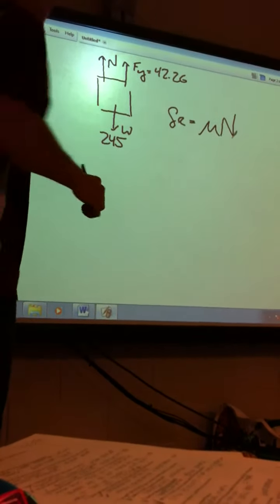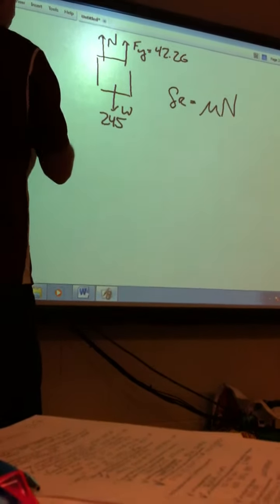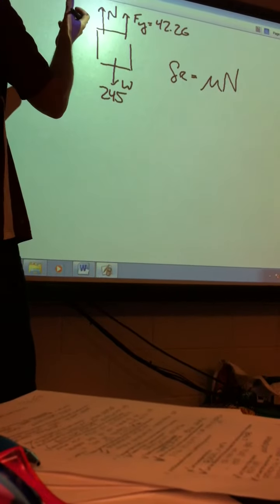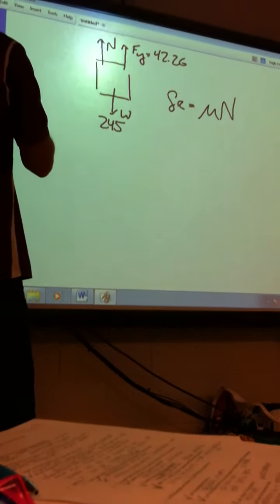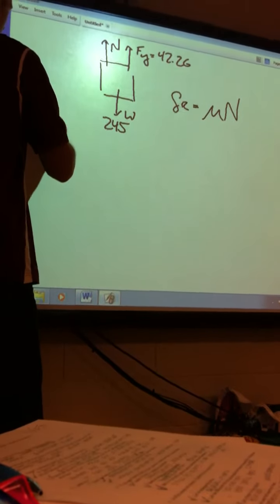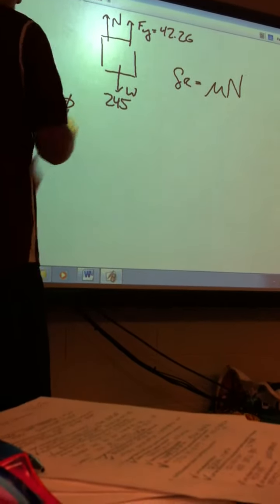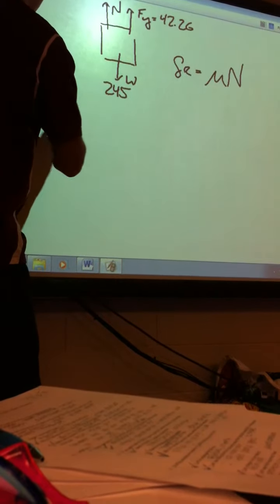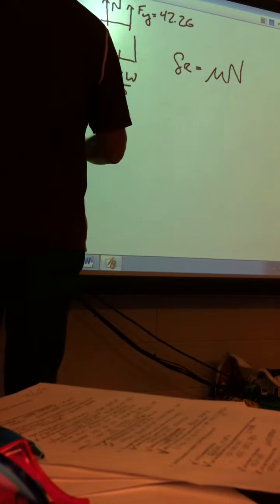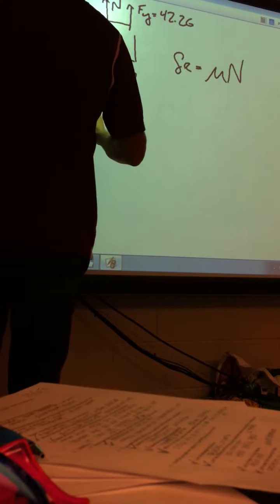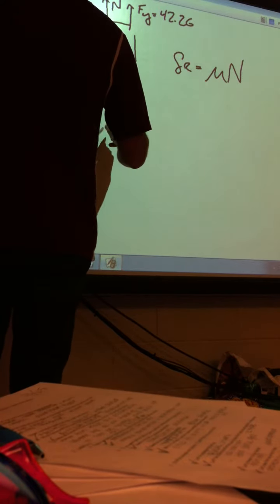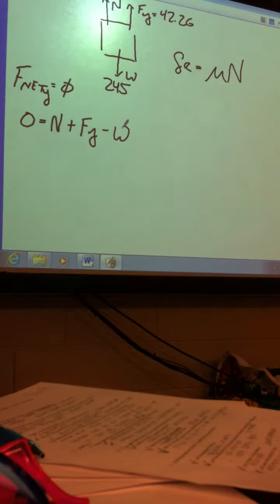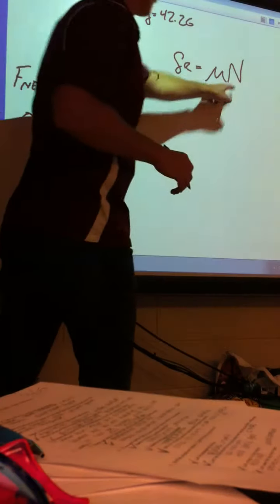So we have to do, is this moving up or down? No. So F net is equal to 0 in the y direction. That means 0 is equal to normal plus Fy minus W. So I can solve for normal.